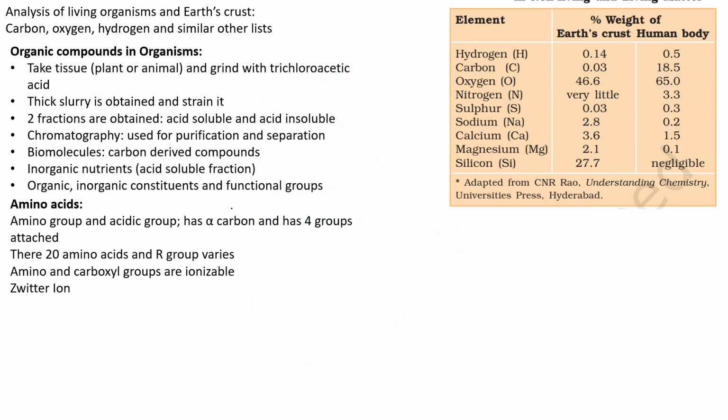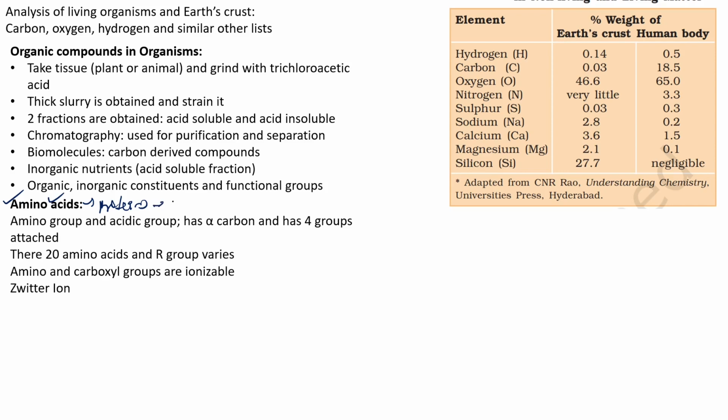Now let us look into the first molecule, the amino acids. Amino acids are the building blocks of proteins. If you look into any type of protein, ultimately they are made up of amino acids. Why are they called amino acids?